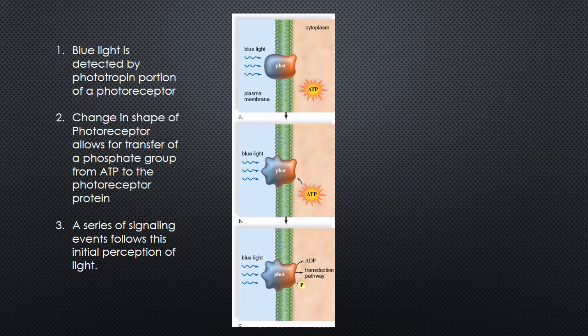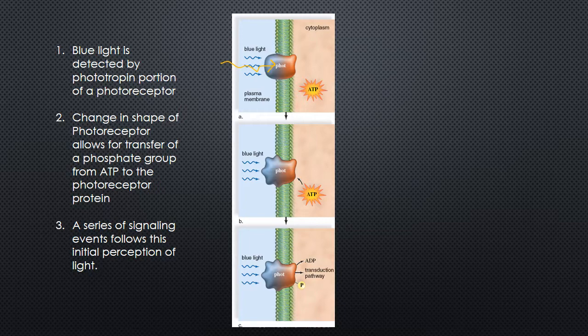Looking at it in more detail, at the very beginning, the blue light comes in and hits the phototropin portion of the photoreceptor. That causes a change in shape of that photoreceptor, which allows for a transfer of a phosphate group from ATP to the photoreceptor protein.